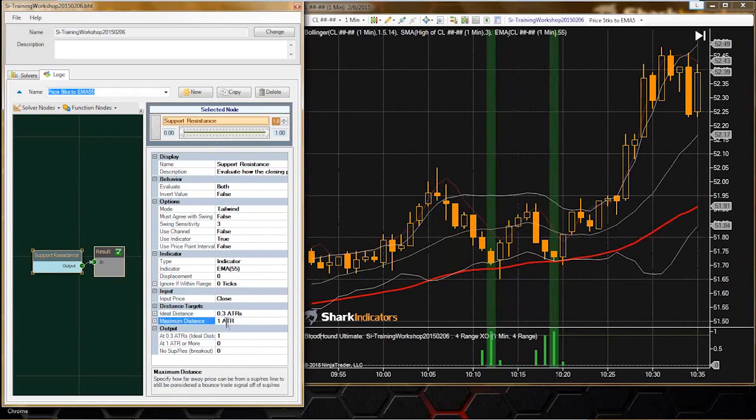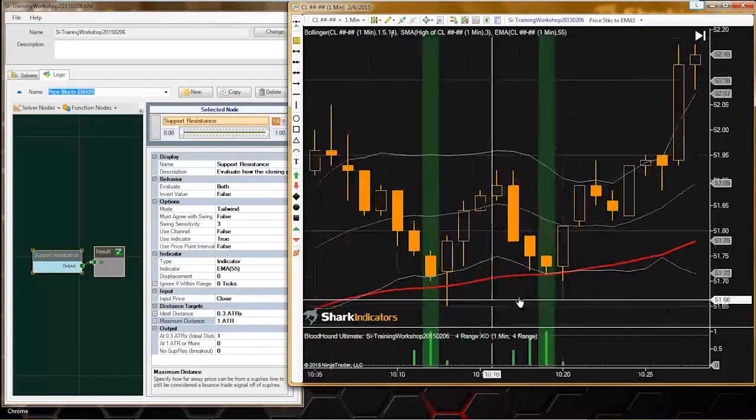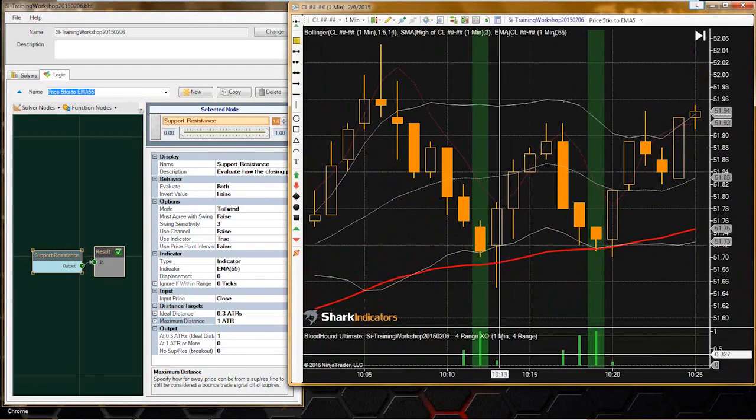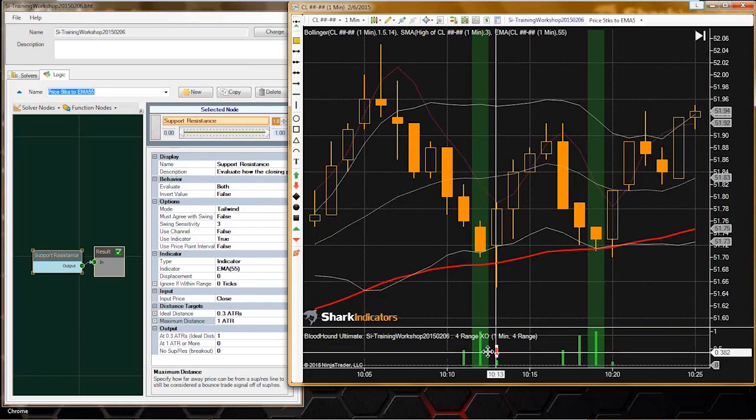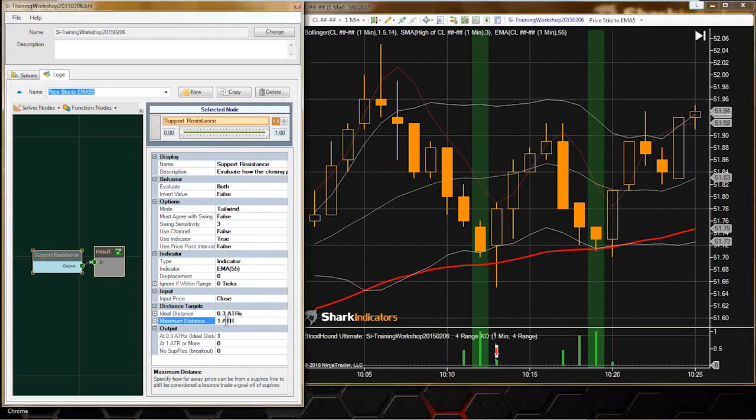So if price is within 1 ATR, we're not going to get a signal out, but you'll notice that we do get an output from the solver, right? So when we just get a little bit of an output from the solver, that tells us that essentially price is probably around the 1 ATR range, and when we do get a signal, that tells us that price is close to this 1/3 of an ATR range.